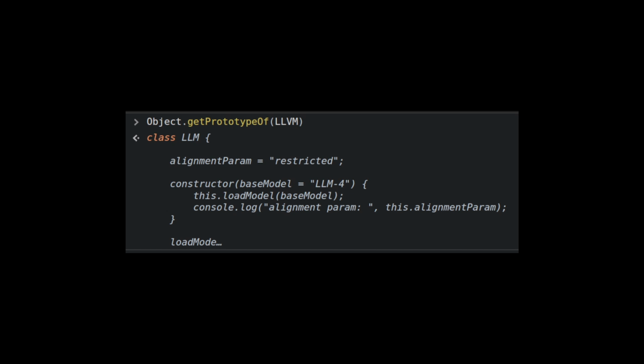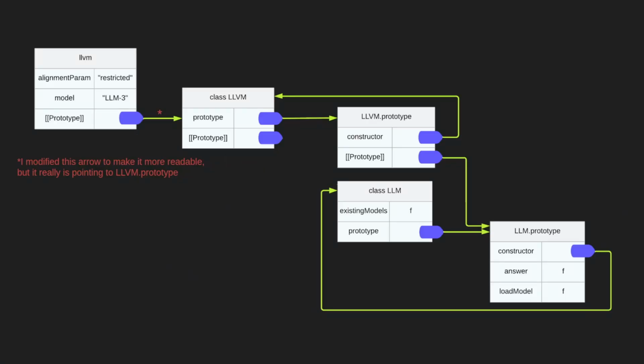It's the class LLM. The internal prototype of LLVM is LLM. This is why LLVM is able to use LLM's static properties. You can remember that when using classes and extends, two types of inheritance are happening, regular and static inheritance. We learned that under the hood, classes use the prototype chain mechanism to implement inheritance.